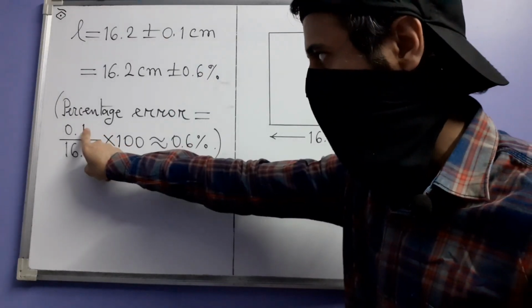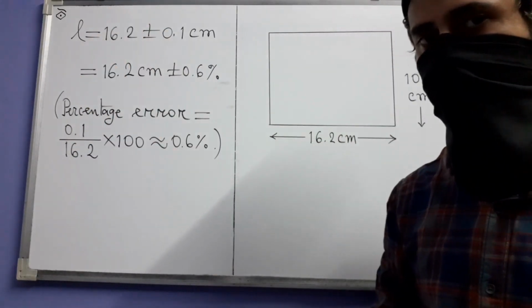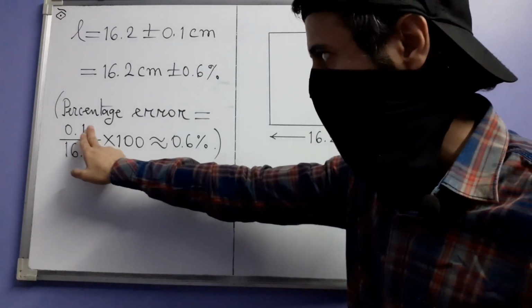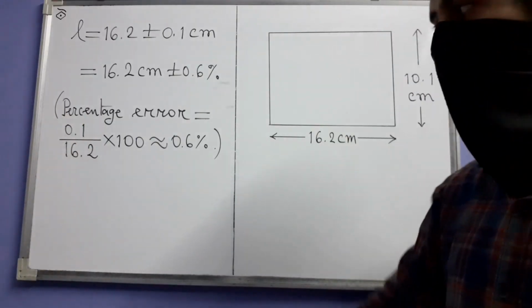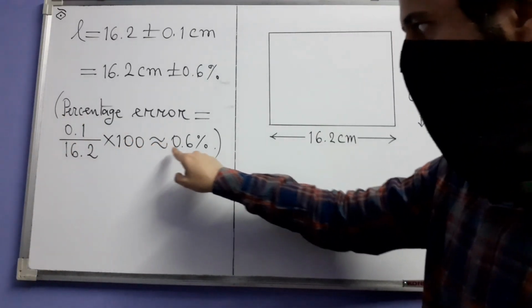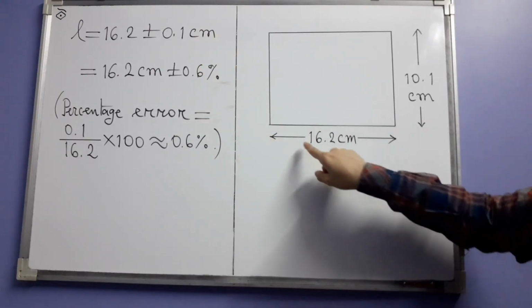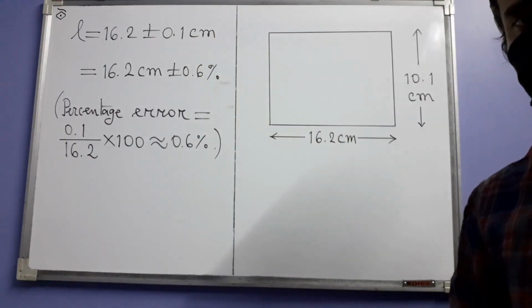So when you divide that difference by the experimental value, that is the relative error, and multiplying that by 100, you get the percentage error. So this measurement contains this much error.